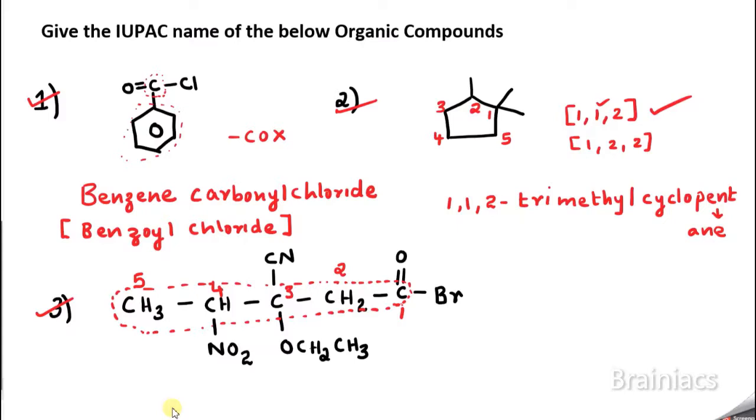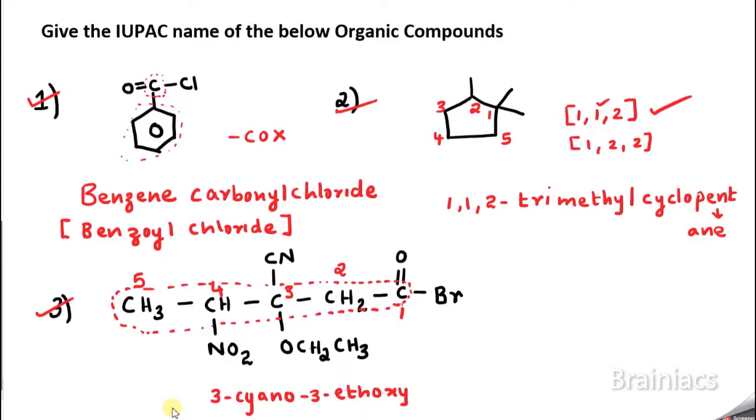At the fourth position, nitro. So who will come first alphabetically? Nitro is there, ethoxy is there, cyano is there. We know cyano comes first, so we can start the naming as 3-cyano, correct. Then who will come next? Ethoxy, so 3-cyano, 3-ethoxy.